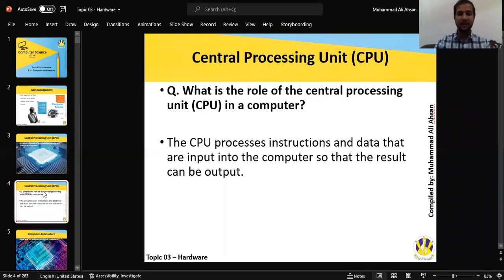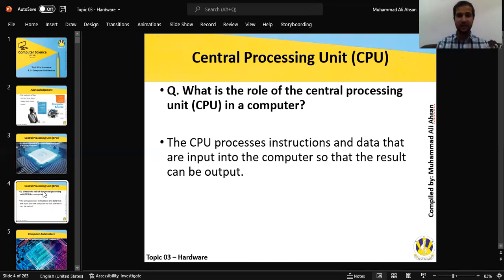So we can say that the CPU processes instructions and data that are input into the computer by different input devices. Like for example, the data that is inputted into the computer by a keyboard, the data or instructions that are given to a computer by a mouse, or the data that is given into a computer by a touchscreen are processed by the CPU.